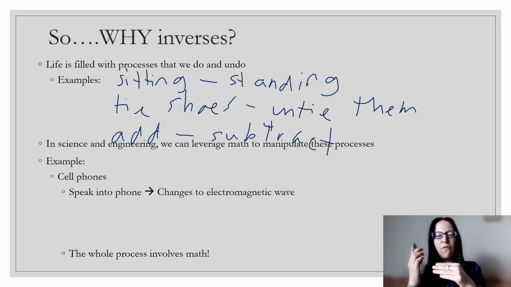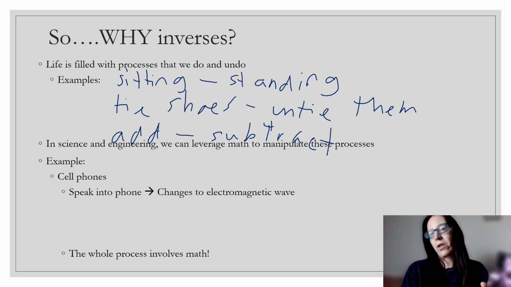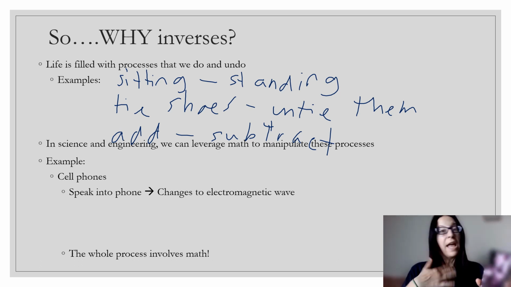What my cell phone is doing is changing it into an electromagnetic wave, or an electromagnetic signal of some sort. Even now, I'm talking in my apartment and my computer microphone is picking it up and storing my voice digitally. It's literally converting it into a bunch of zeros and ones to store in a chip.